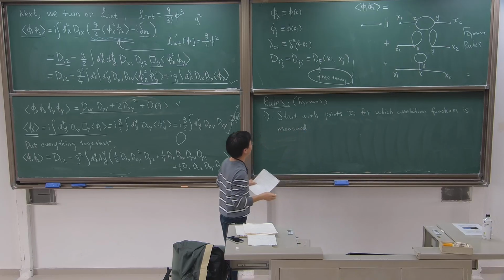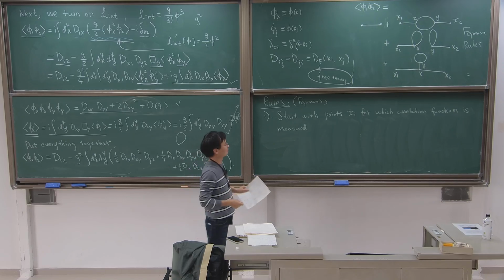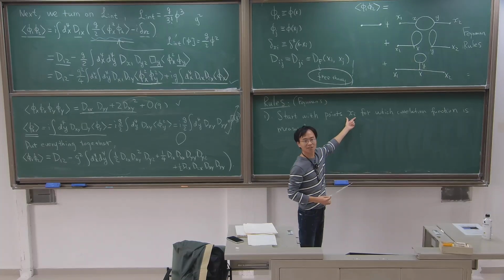This essentially means that if you want to compute a correlation function about this kind of insertions, you should start with those insertion positions, which is x_i. Okay.